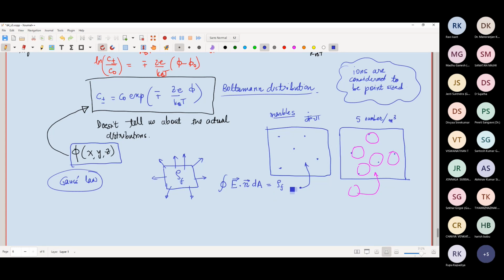This is what the basic Gauss law is, that you might have learned in an electrostatics course in class 11.